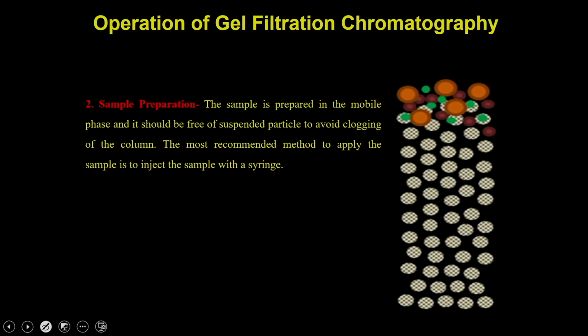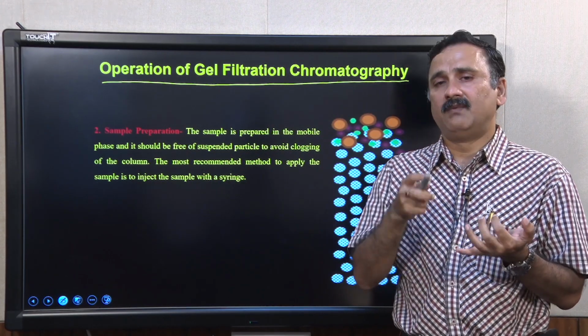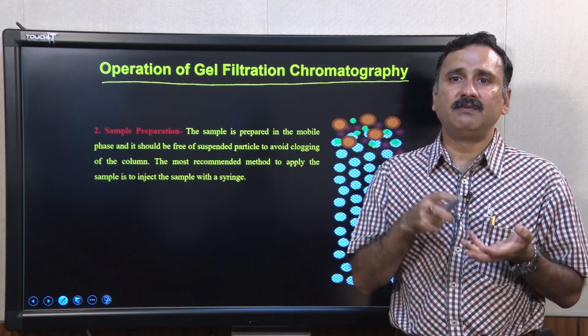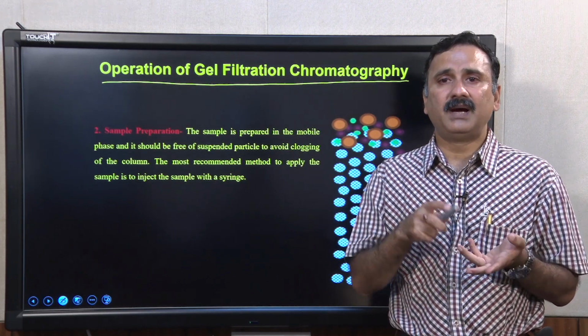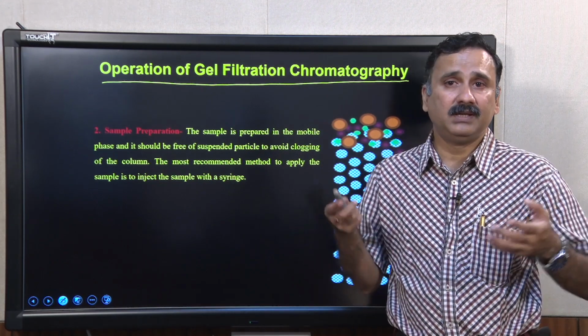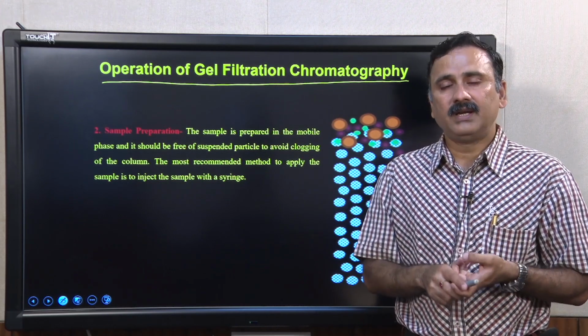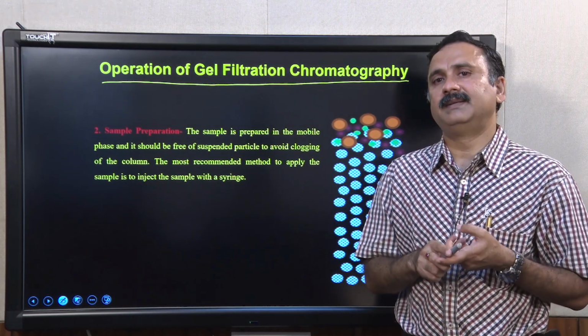Now, let us discuss the operation of the gel filtration chromatography. In gel filtration chromatography operations, the first step is column packing. Once the column packing is over, you do the quality checking simply by calculating the total volume, either by flowing a small amount of acetone, and the third step is to prepare the samples.